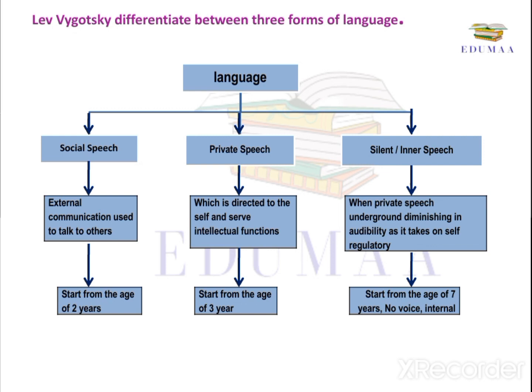Next is private speech, which is directed to the self and serves intellectual functions. It starts from the age of 3 years. And third is silent or inner speech, when private speech undergoes diminishing in audibility as it takes on a self-regulatory role, and it starts from the age of 7 years, with no external voice.